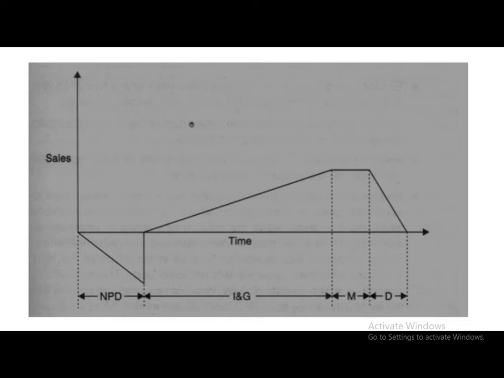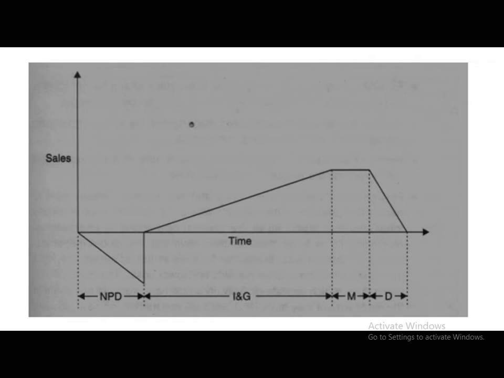One such case is the pattern of high-tech products like computers and telecommunication goods. In the case of such products, new product development cost and time are very high. The introduction and growth stages are long, but the maturity stage and decline stage are very short.